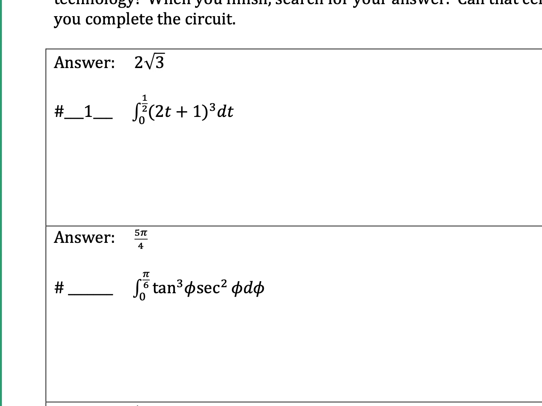Okay, so definitely we'll make the inside this cubed function u, because the derivative is 2 dt, and we have a dt here, so they just differ by a constant multiple. So we'll make u this right away. Okay, we just want a dt, not a 2 dt, so multiply both sides by half.